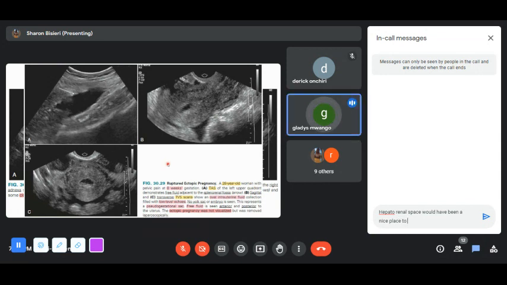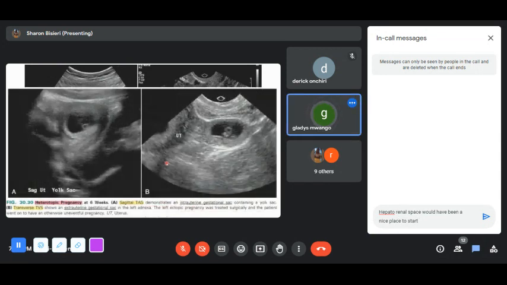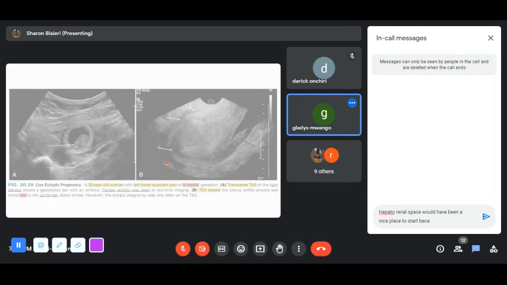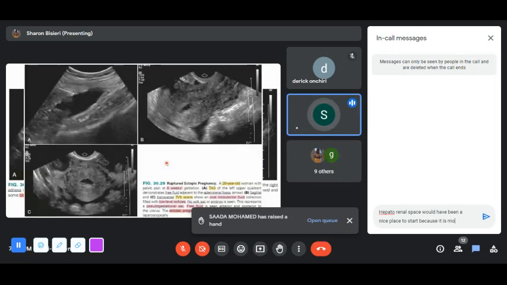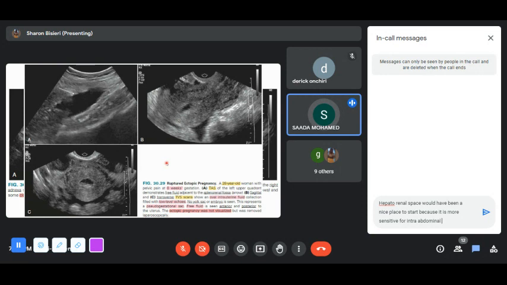Has any of you seen an ectopic pregnancy? Yes. These images reminded me of recently, over the weekend, we had free fluid in the uterus. It was quite large, and we had not really thought of the ectopic pregnancy.